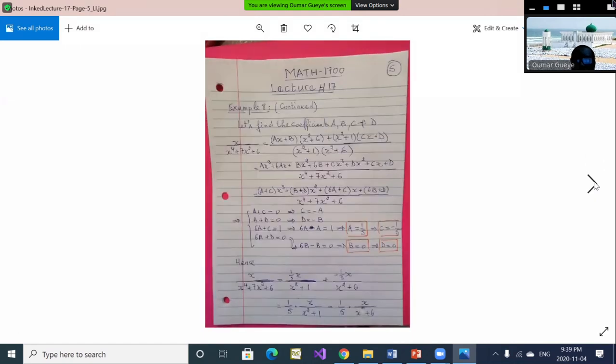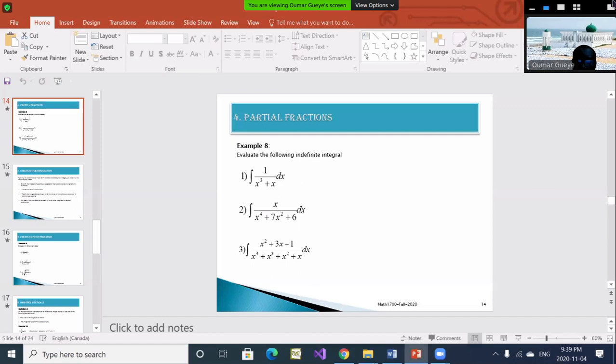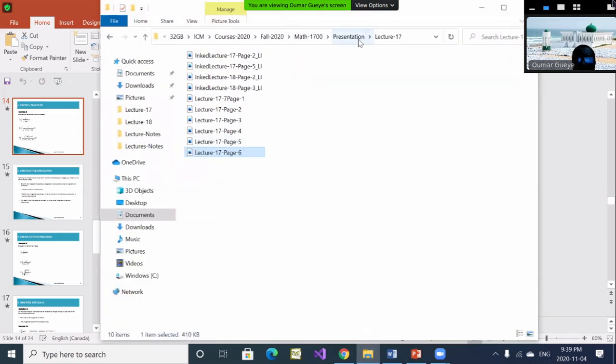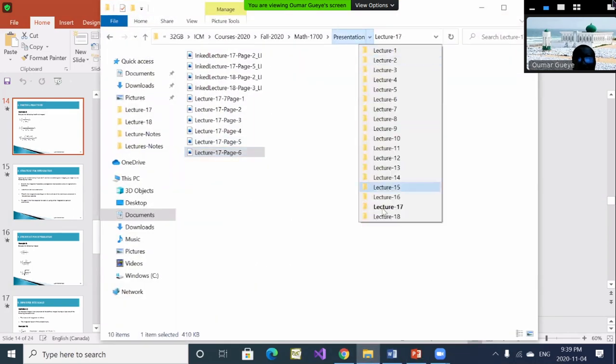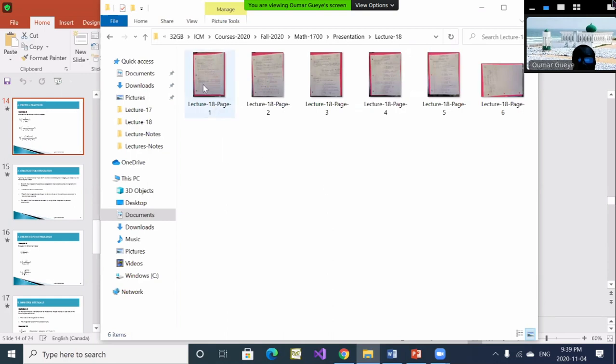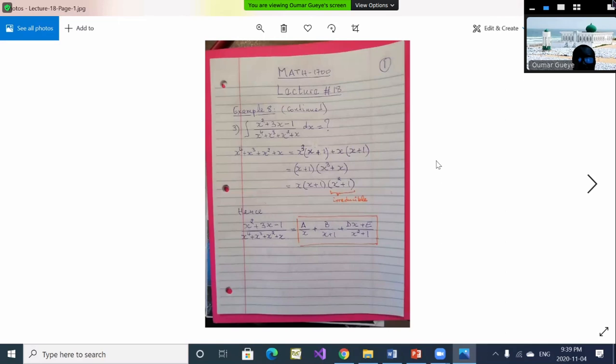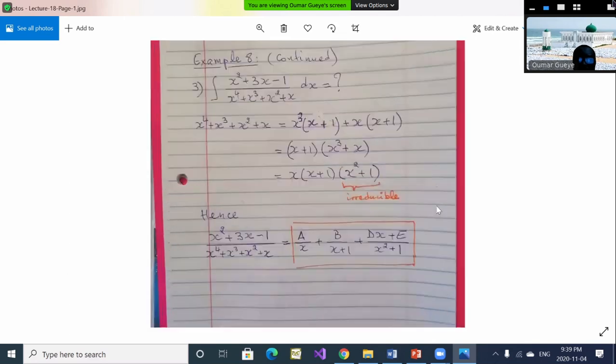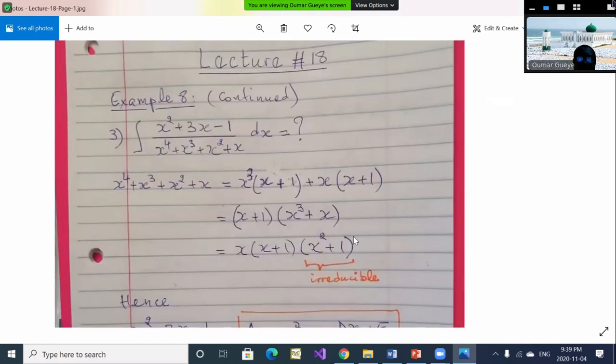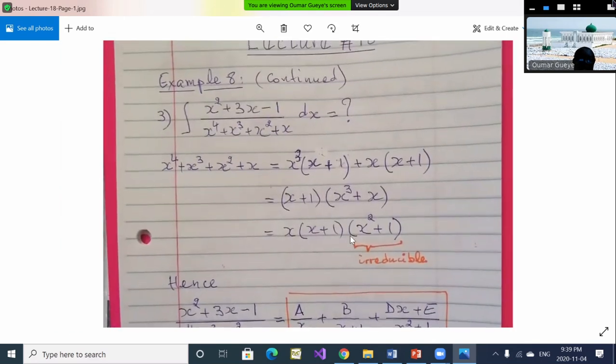This one. All right, so this is question number 3, the function we want to integrate.